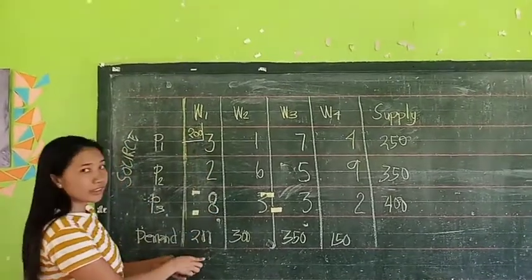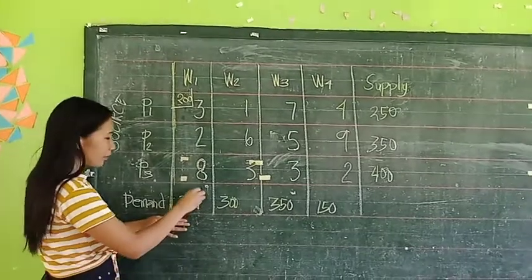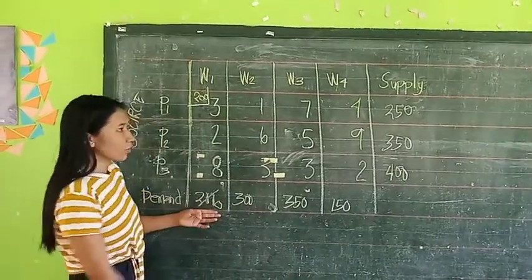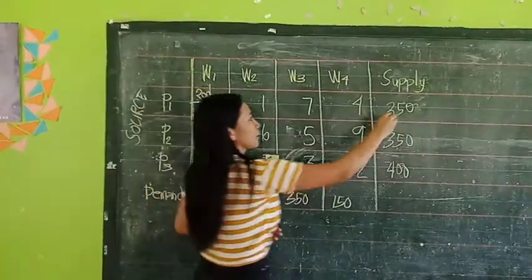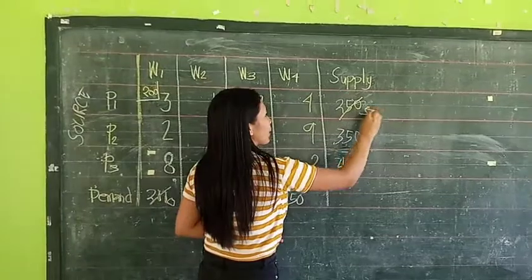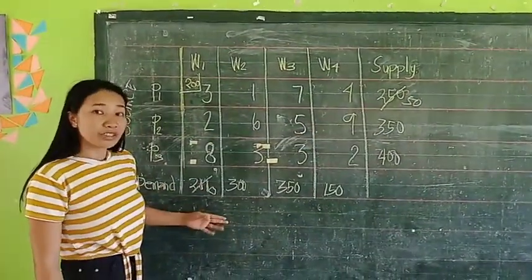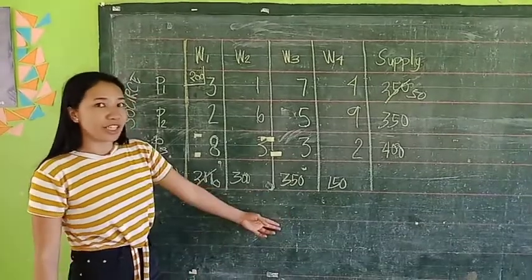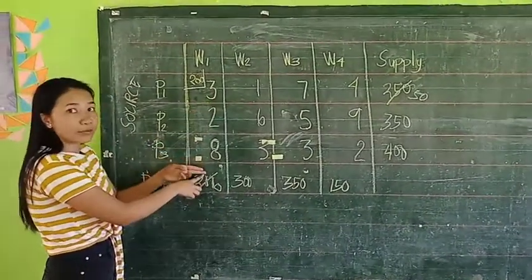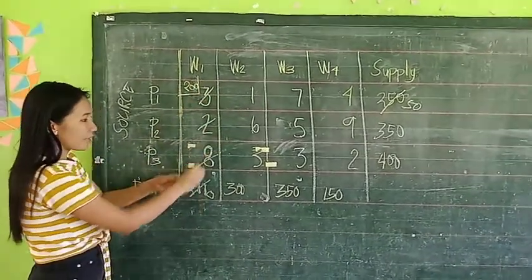The 200 will be cancelled and become 0, and the 250 will become 50. Why? Because 250 minus 200 is equal to 50. So in this area, they are now satisfied, so we are going to cancel this area.